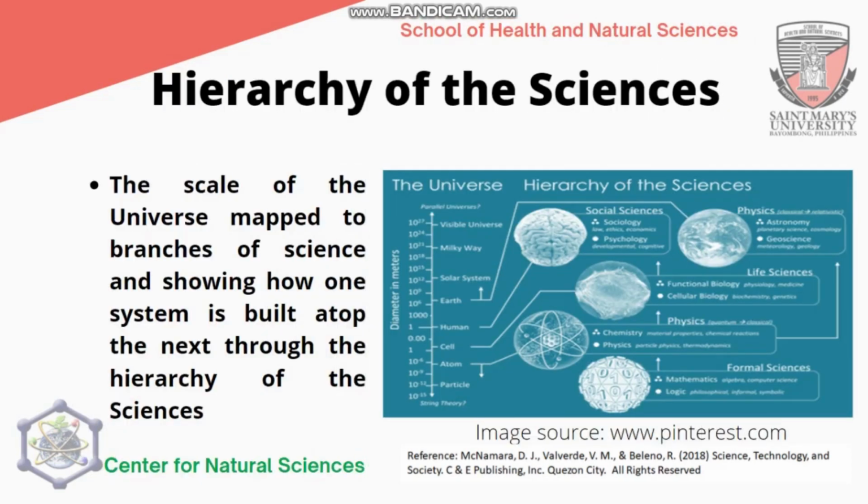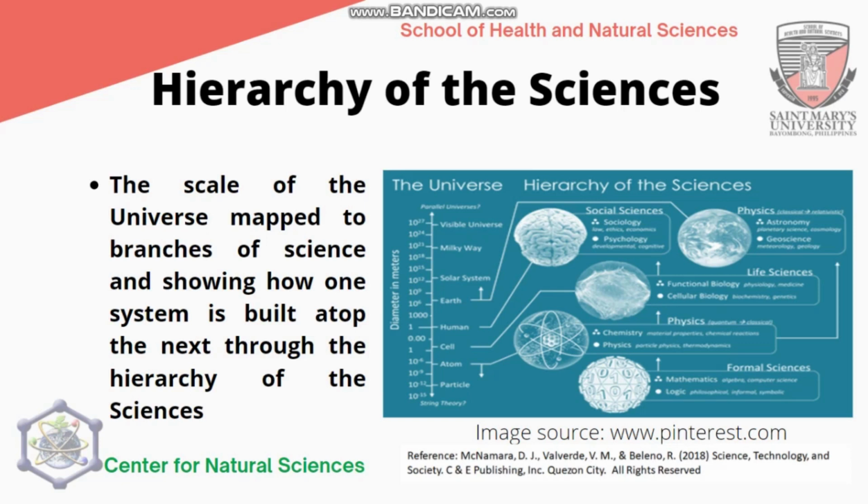The hierarchy of the sciences. So if you can see in the illustration, it is divided into different sizes and diameters. So for the Earth, we have physics, astronomy, geoscience. For human, we have life sciences.